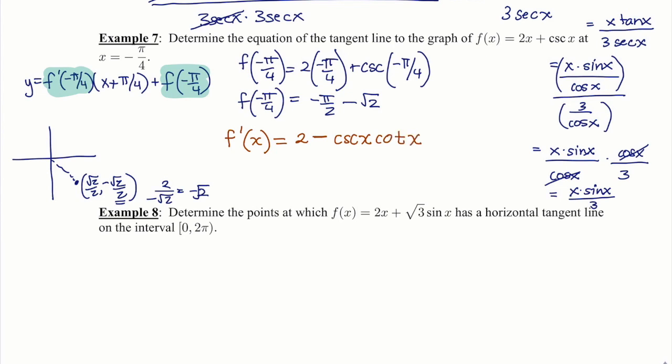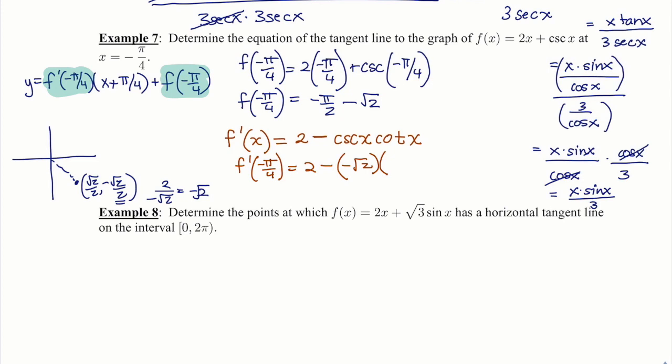So we want for our slope, we'll fill in the value negative pi over 4 for x. We'll have 2 minus, we just computed cosecant of negative pi over 4. So what we got when we did that was negative square root of 2. And we want to multiply that with cotangent of negative pi over 4. Cotangent is the ratio of the x-coordinate to the y-coordinate.